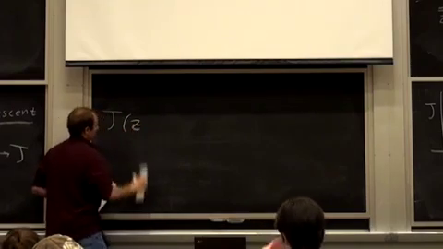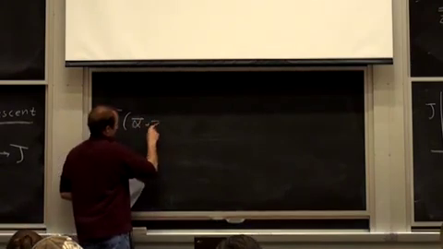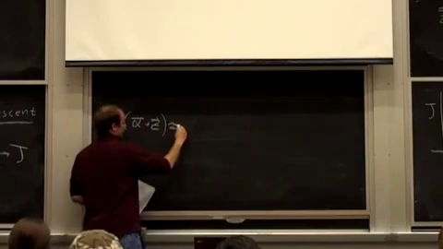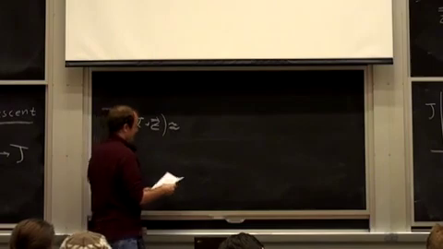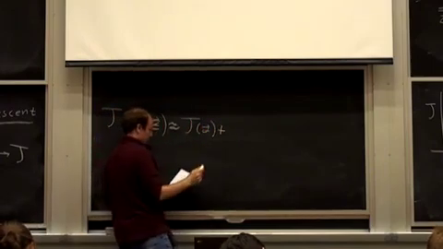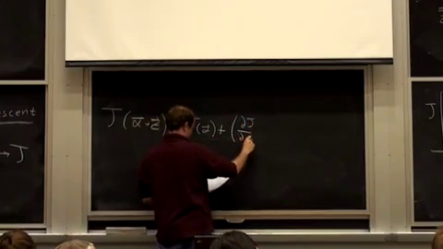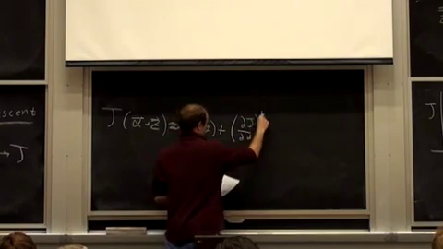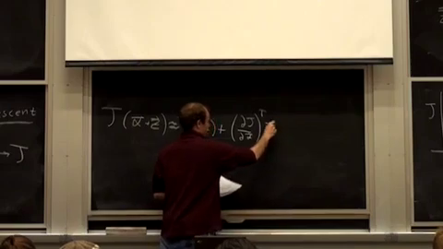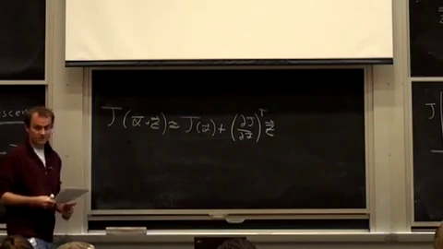So J of alpha plus z is approximately equal to, for small z, J of alpha plus dJ/d alpha transpose z, right?